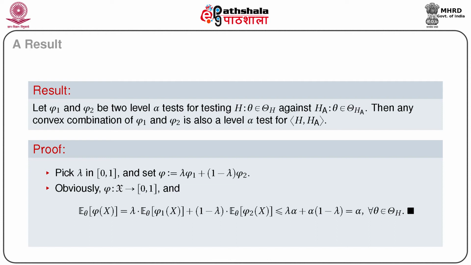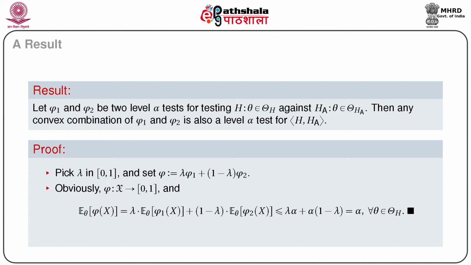To prove the result, we take a constant lambda in the interval (0, 1), and we set a function phi(x) equal to lambda times phi1(x) plus (1 minus lambda) times phi2(x). Actually, it is a convex combination of phi1(x) and phi2(x). Here phi is a mapping from script X to [0, 1] because both phi1 and phi2 are mappings of script X to [0, 1].